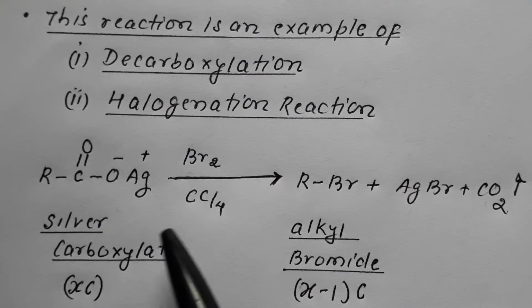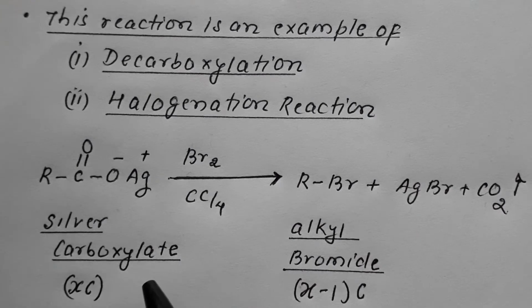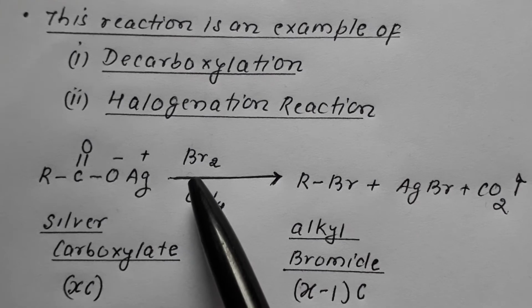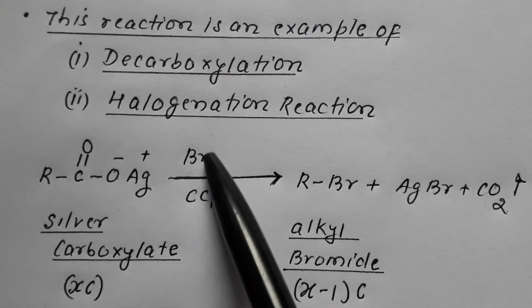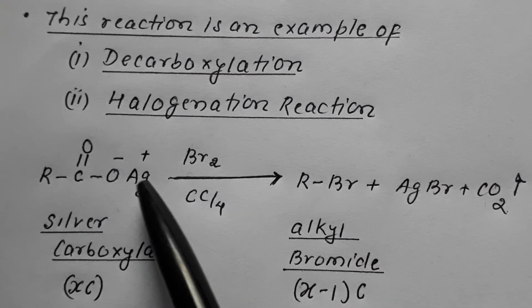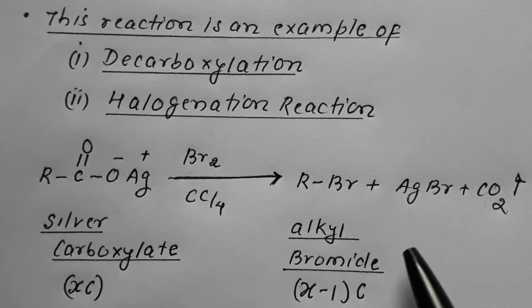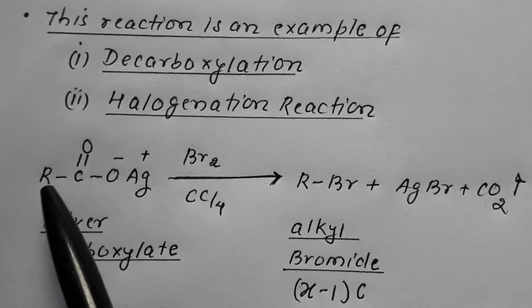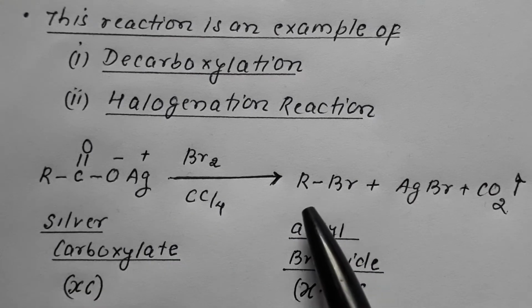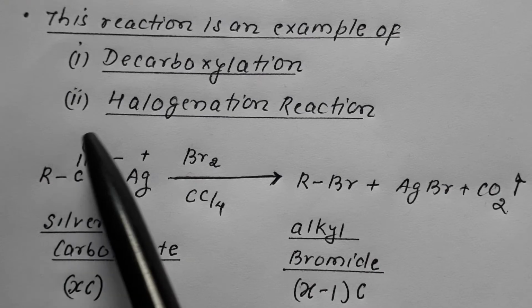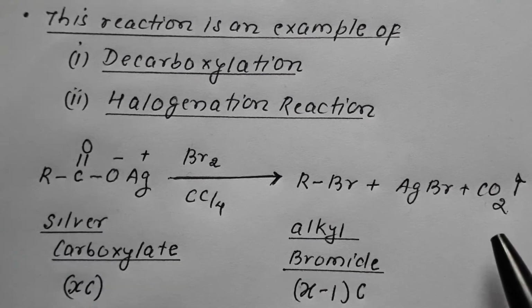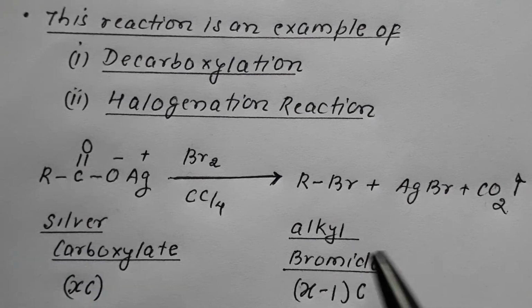What happens? This silver carboxylate will break. Out of these 2 Br, 1 Br attaches to Ag, forming AgBr. 1 Br attaches to R, forming RBr, and the CO2 gets removed in the form of carbon dioxide, resulting in formation of alkyl bromide.